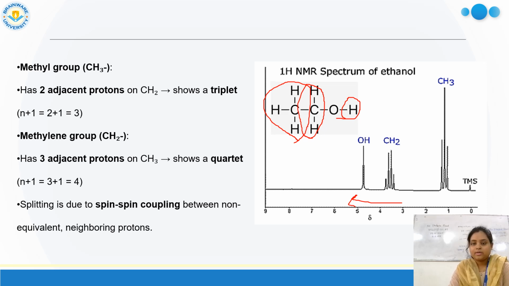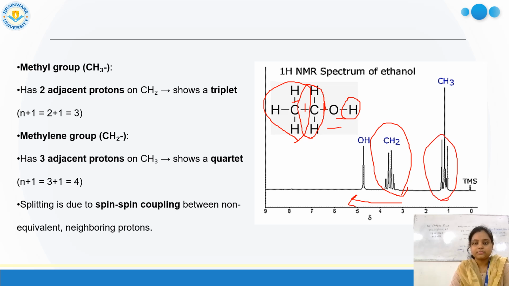So this peak belongs to the CH2 because of oxygen. Now the CH3 is far away from oxygen, 1 2 3, 3 bonds away from oxygen, so that's why it is most shielded, and this peak belongs to the terminal CH3.